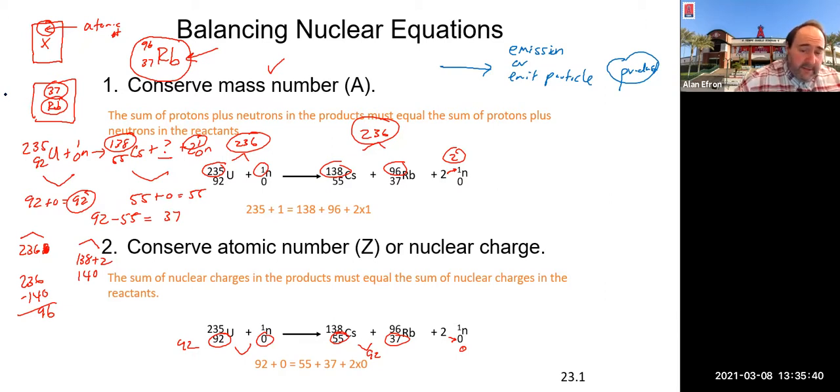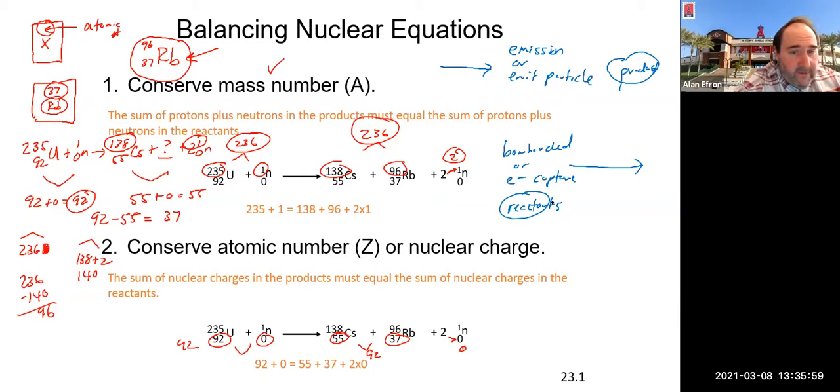Now, in terms of nuclear chemistry, we sometimes hear words like bombarded or electron capture. Those mean those particles end up on the reactant side. So those are a few common words you will sometimes see in these processes. Let's take a look at one together to see how it goes.